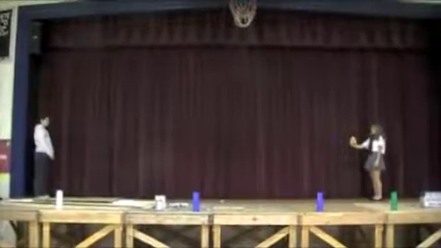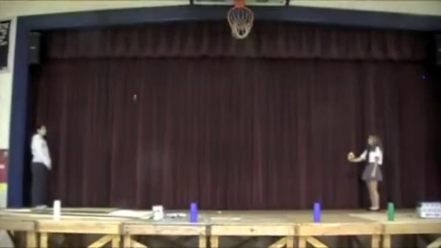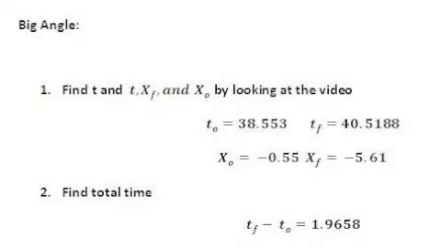Example 2, our steep shot. By looking at Logger Pro, we found out that x initial equals negative 0.55 meters, x final equals negative 5.61 meters, our time initial is 38.55 seconds, and our time final is 40.518 seconds.